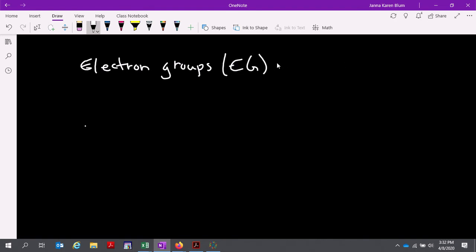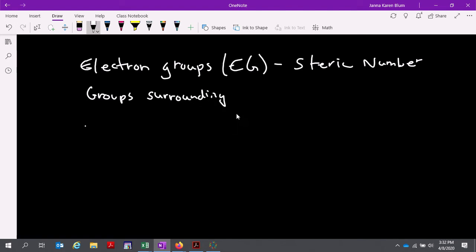Sometimes you will also hear electron groups referred to as steric number, and that really is the same thing. When we look at electron groups, we're looking for groups around the central atom. This is going to allow us to expand this out to larger structures than just single central atom structures, because we're going to look at each central atom separately.